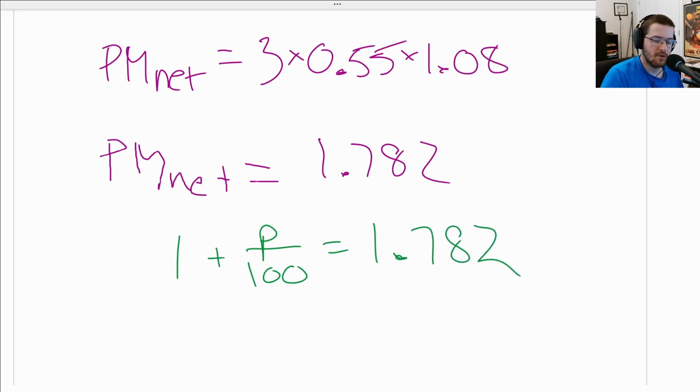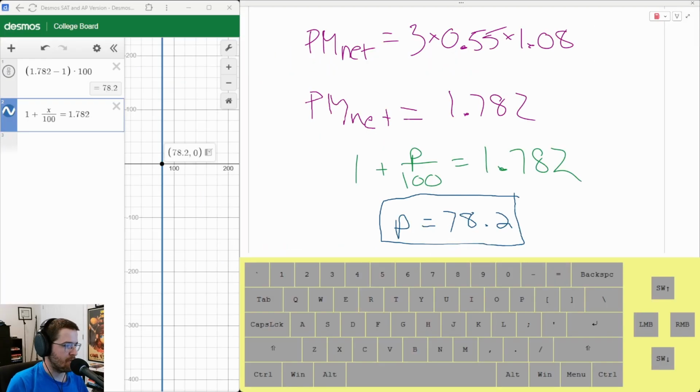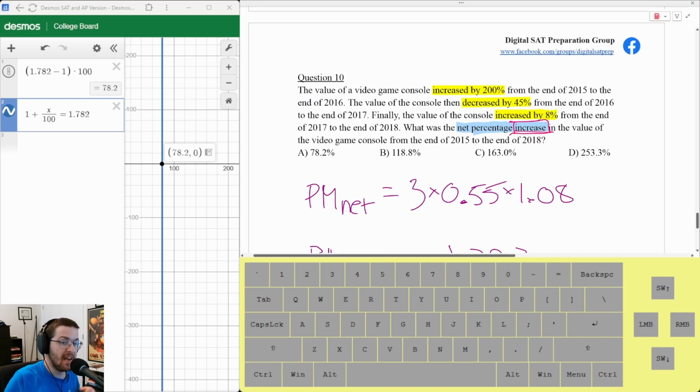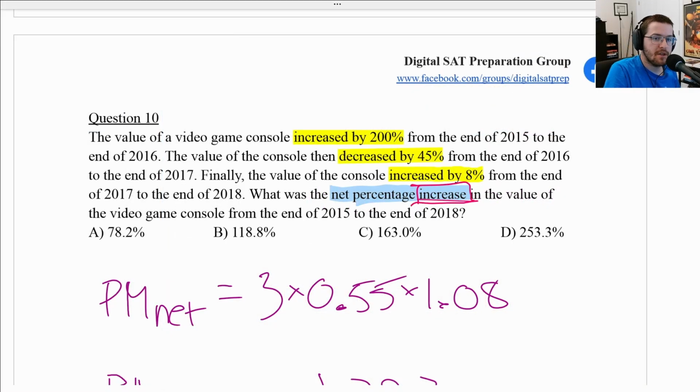You can do that algebra by hand, or you can compute it really quick on Desmos. Let's jump to Desmos. Okay, so if you do the algebra, do the arithmetic, or graph it, you should get 78.2. So this entire 3% changes in a row nets to a 78.2% increase, which looks like it gives us choice A as an answer.